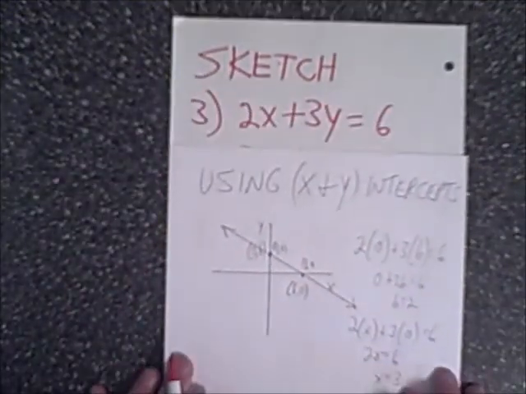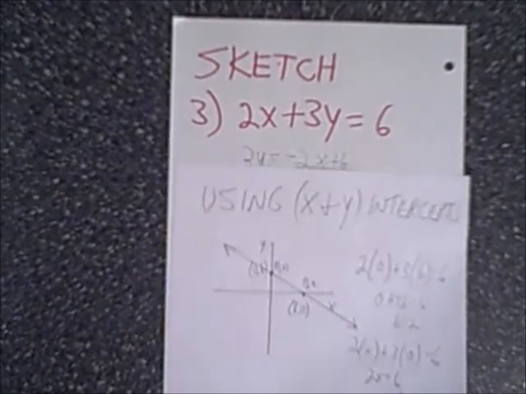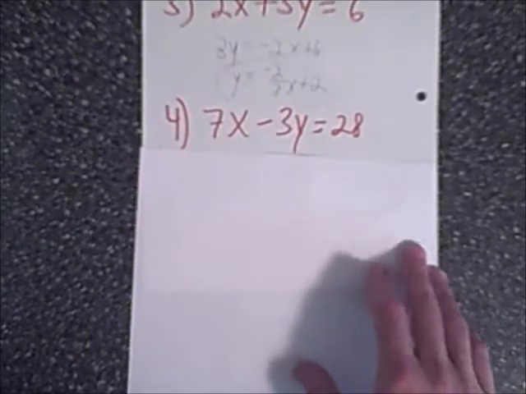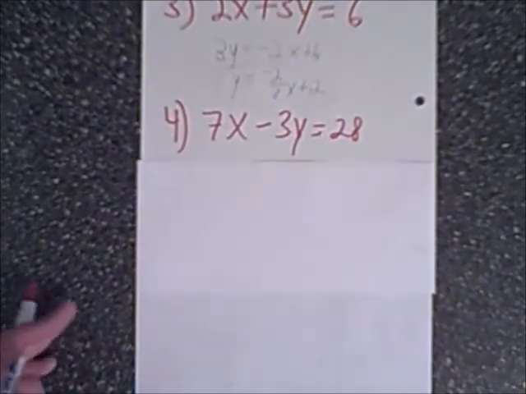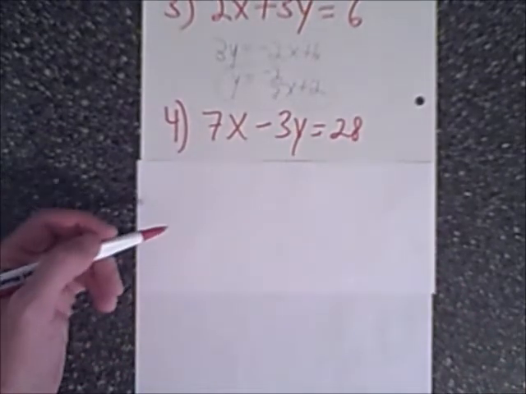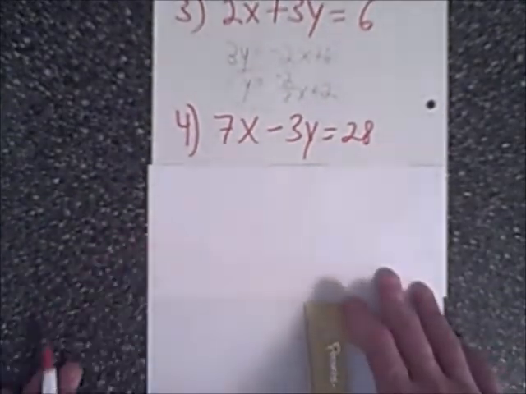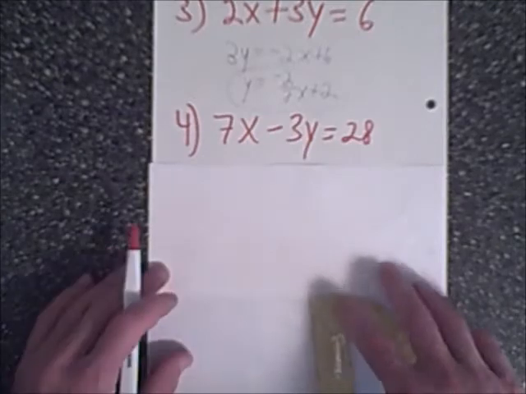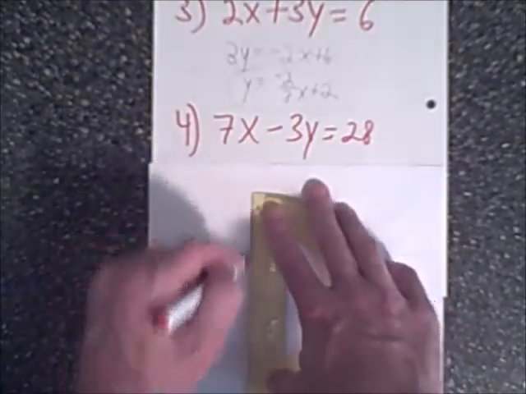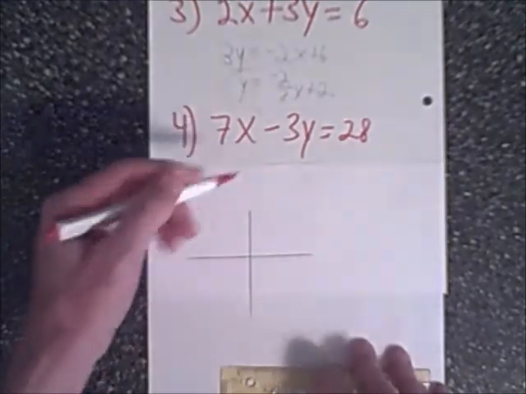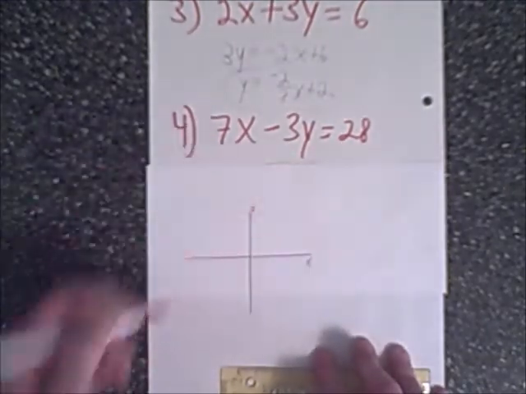Okay? So let's take a look at the second example. It's a little bit bigger. We have 7x minus 3y equals 28. Again, we could rearrange it and use another method. But again, in this example, we will use the method of finding intercepts. And so we'll draw our quick coordinate plane. So this is x, this is y.